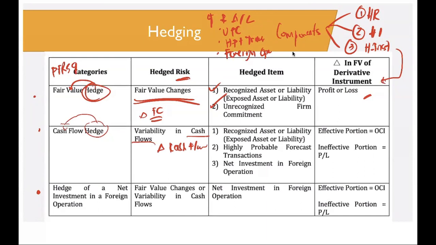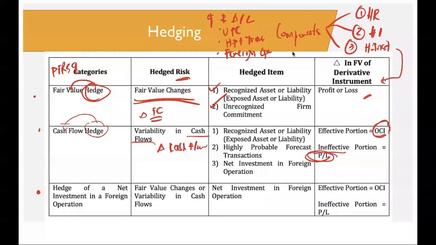We have only three: recognized asset or liability, highly probable forecast transaction, and net investment in foreign operation. And here, we need to look into your effective and ineffective portion. The effective portion is placed in OCI, while the ineffective portion is placed in profit or loss.